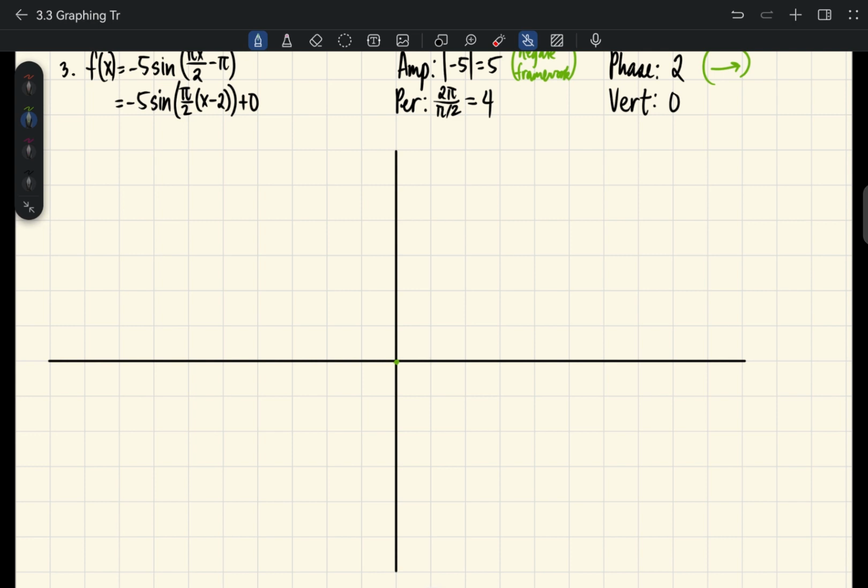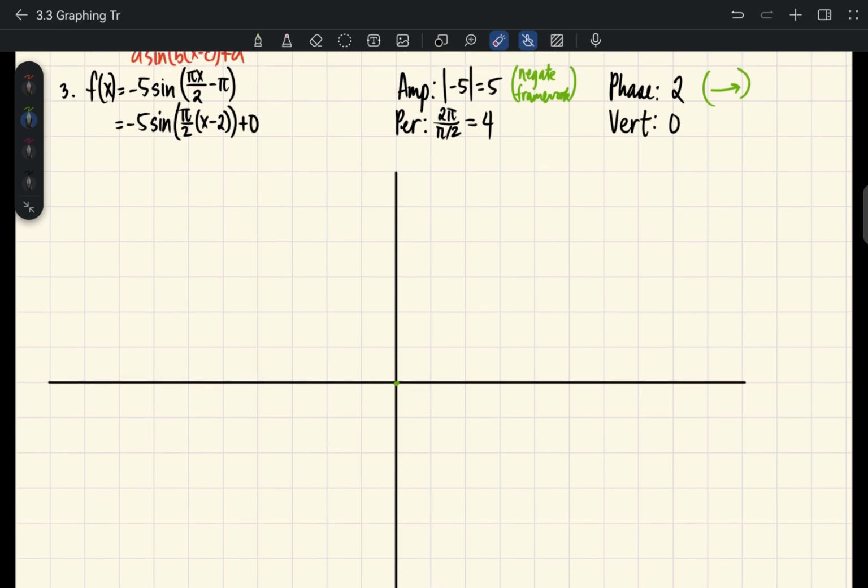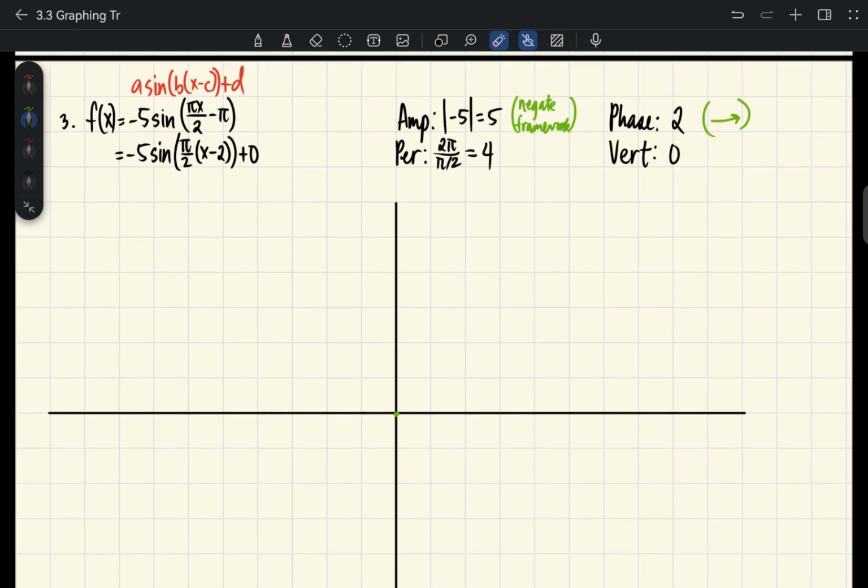And since 0, 0 is not a minimum point or a maximum point, we do not really have to consider the amplitude in adjusting your initial point. So what we just have to do is move 2 units to the right and not move vertically. So you have your initial point, 2, 0.